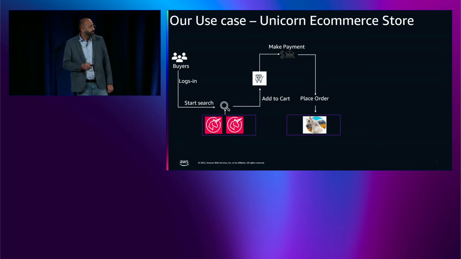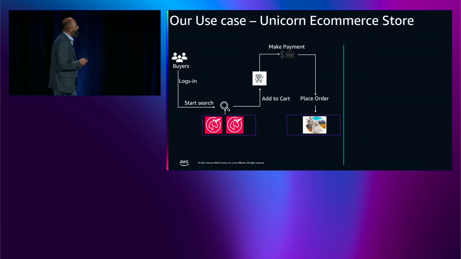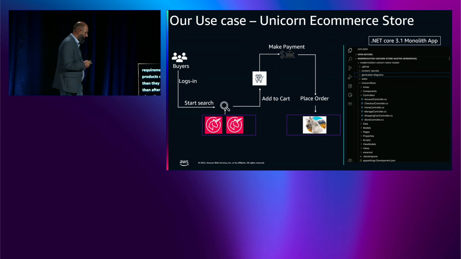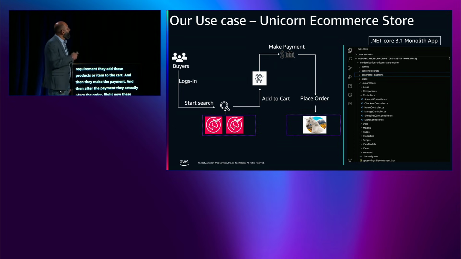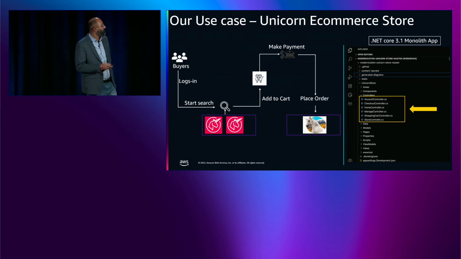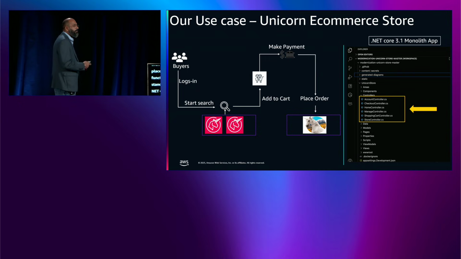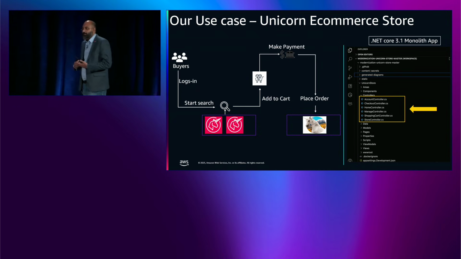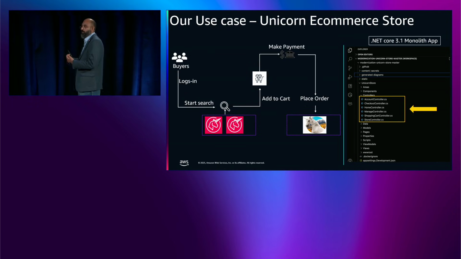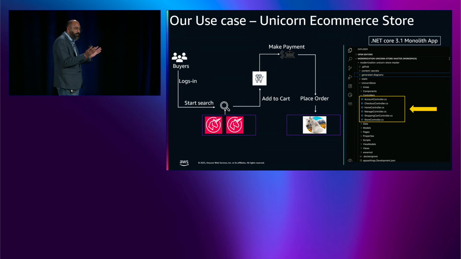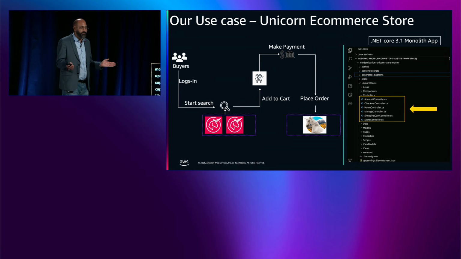Now, this functionality has been built using a standard .NET Core 3.1 framework, and what properties does this application have which make it a legacy monolithic architecture? If we look at the different modules which support these different business capabilities, like cart, payments, checkout, and the product catalog, these modules are all built and bundled as part of a single application, right?